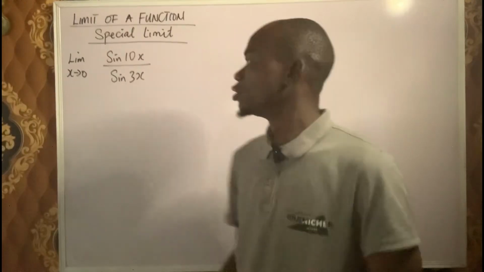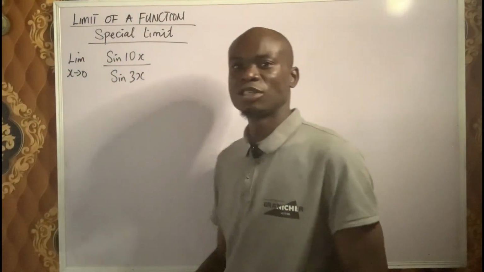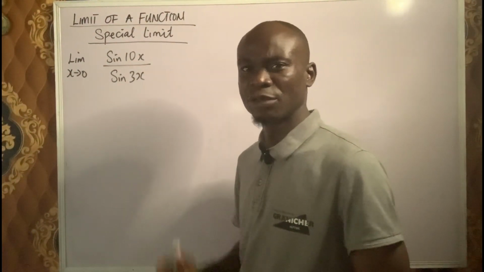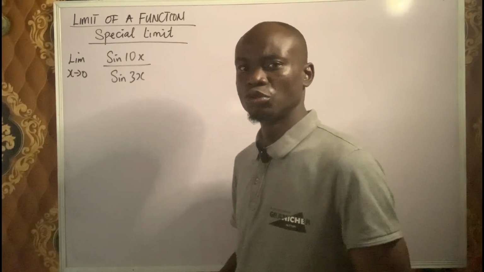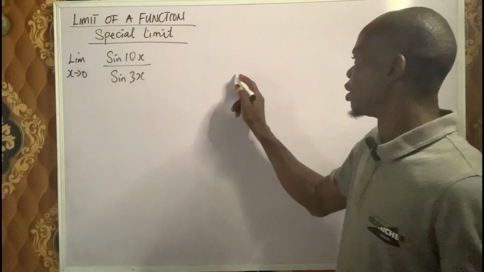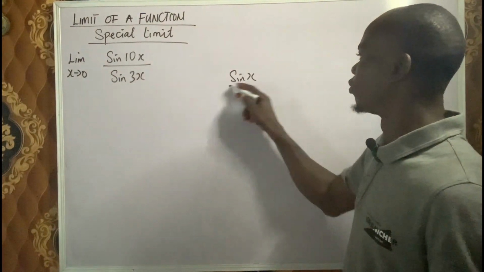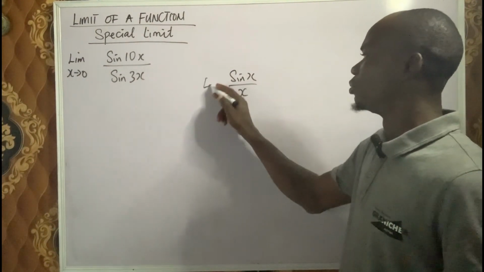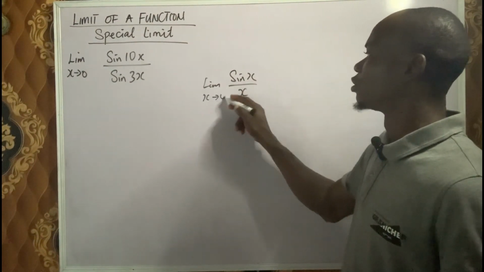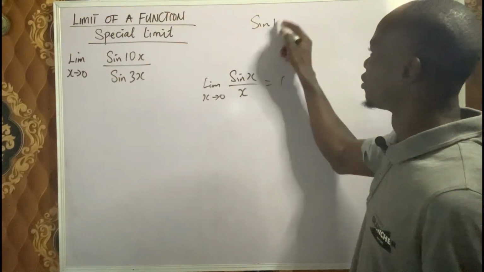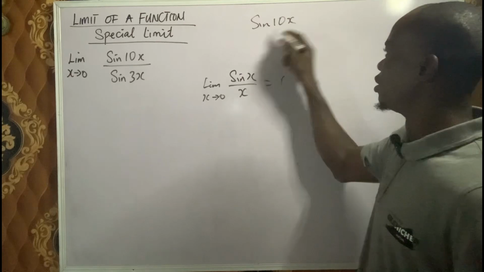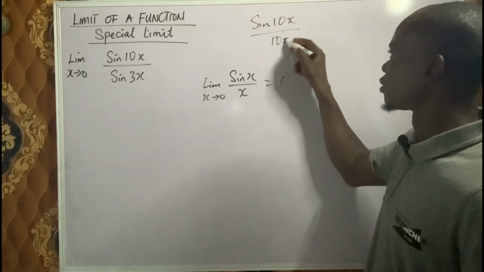If we look at this problem, it has to do with sine and limit tends to 0. So that means it's a special limit. Remember that the rule says if we have sine x over x as limit tends to 0, everything is 1. But now I'm having sine 10x. Then I need to introduce over 10x.